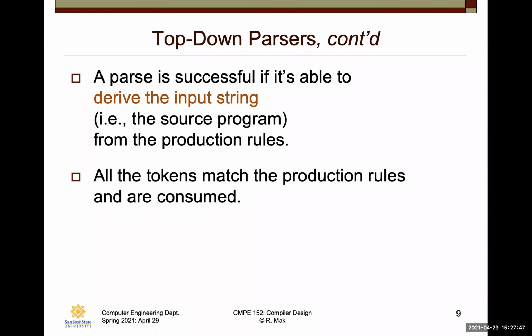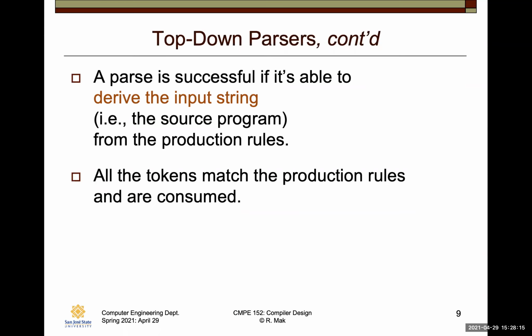Now, a parse is considered successful if we're able to derive the input string, in other words, the source program, from the production rules. So if you're given a program, in our case a Pascal program, from the grammar rules of Pascal, can you derive that program?